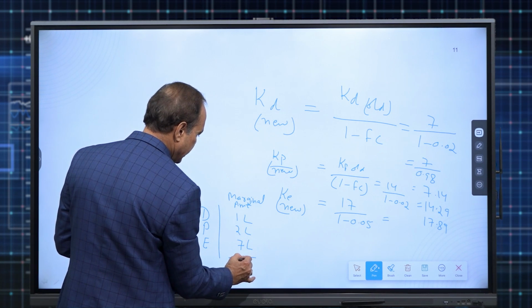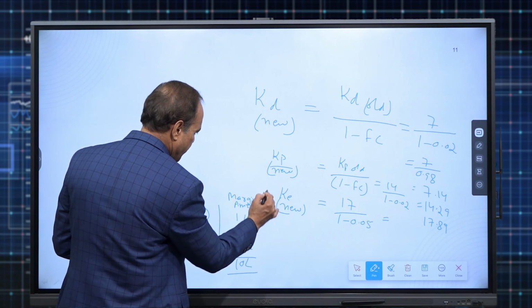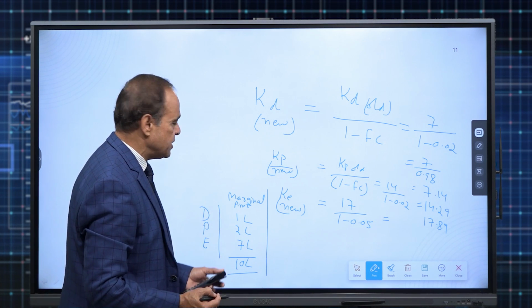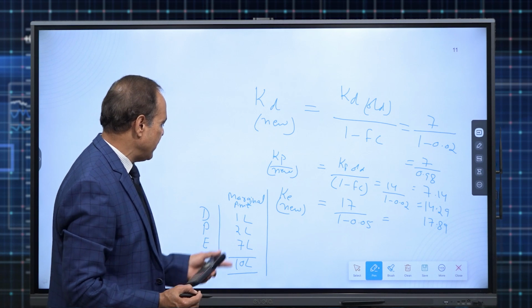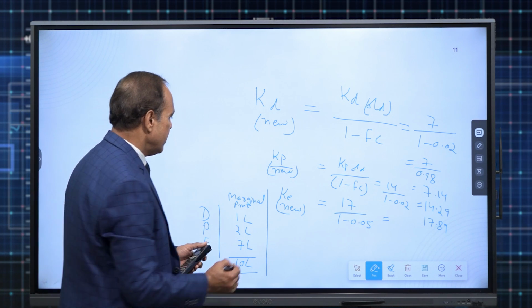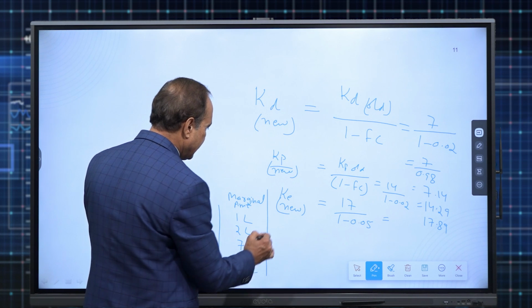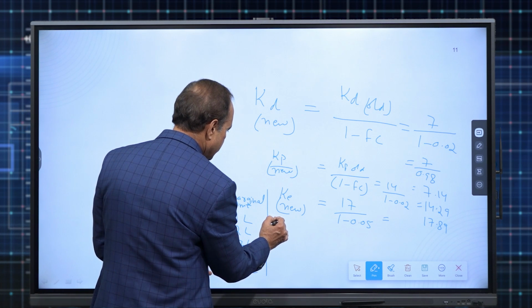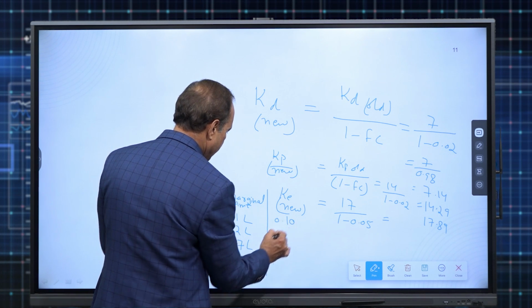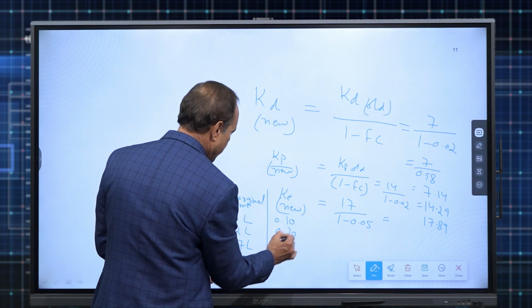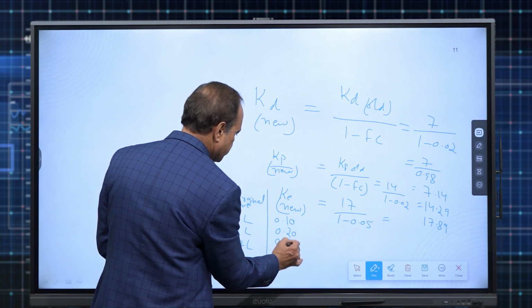I hope those were the values. Whatever may be the value, let us assume the company is raising 1 lakh by debt, 2 lakh by preference and 7 lakh by equity. Now we will calculate marginal weights. 1 lakh out of 10 lakh gives me 0.10. 2 lakh out of 10 lakh gives me 0.20. And 7 lakh out of 10 lakh, 0.7.